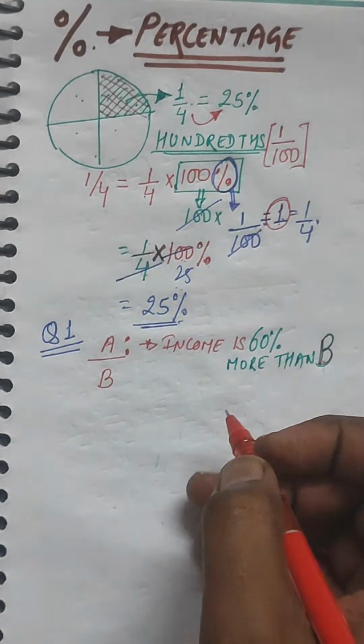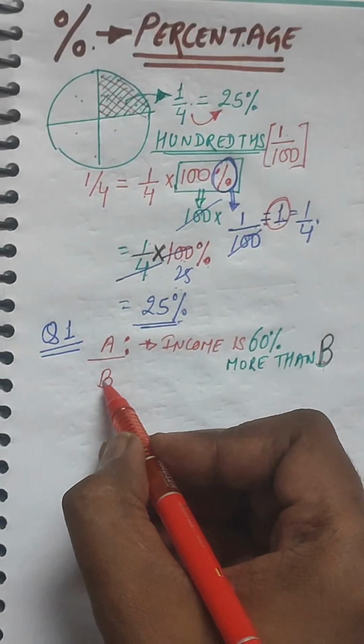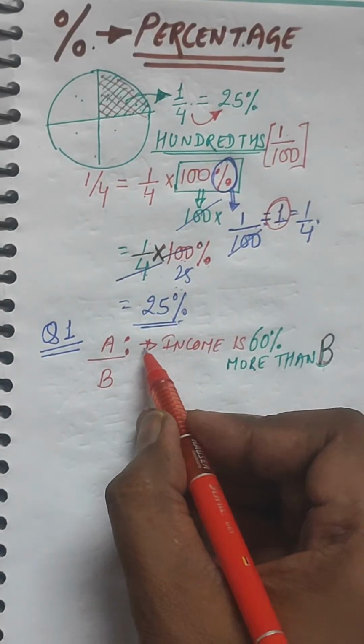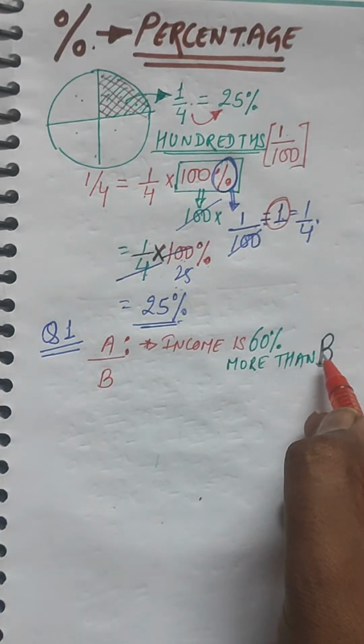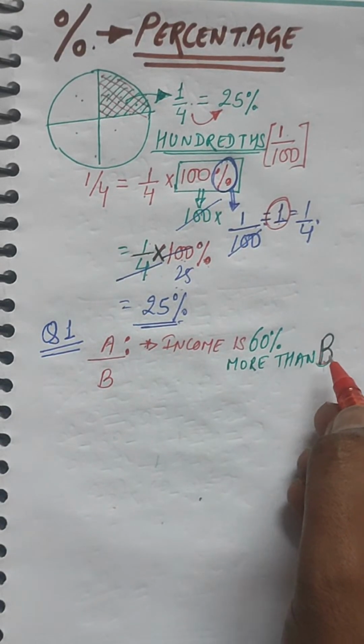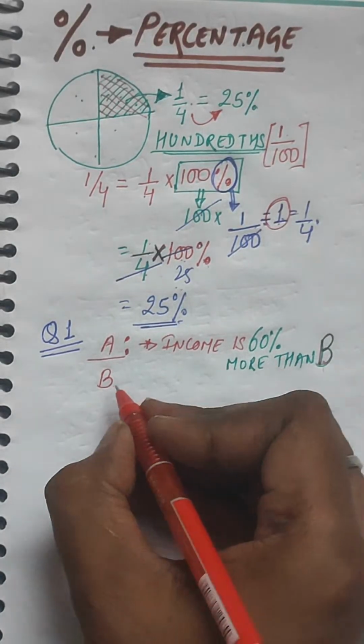Two persons are there, A and B. A's income is 60% more than B. By what percentage is B's income less than A?